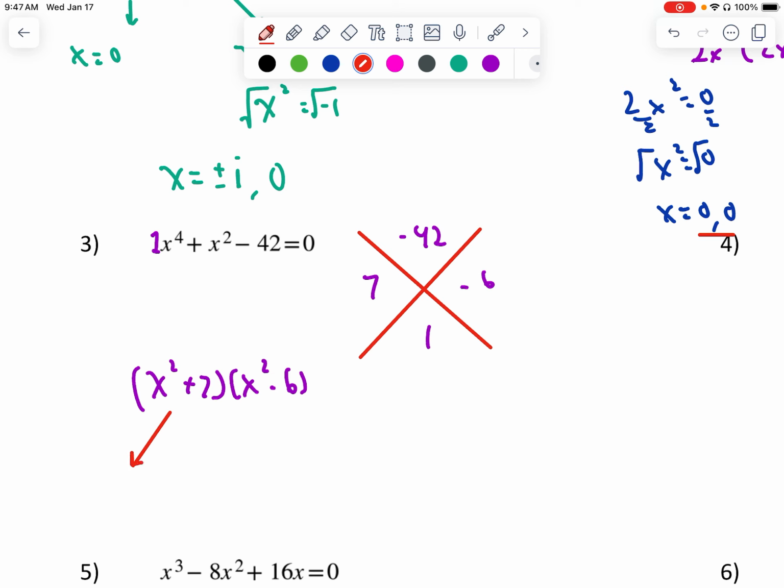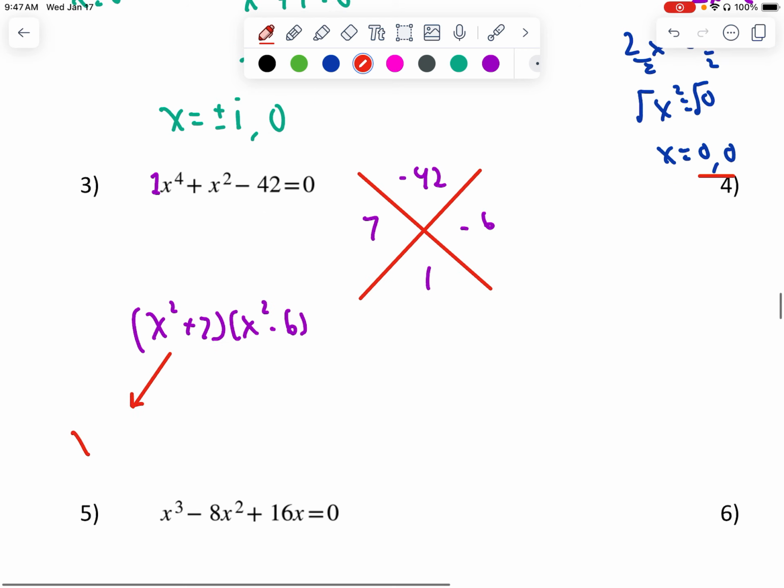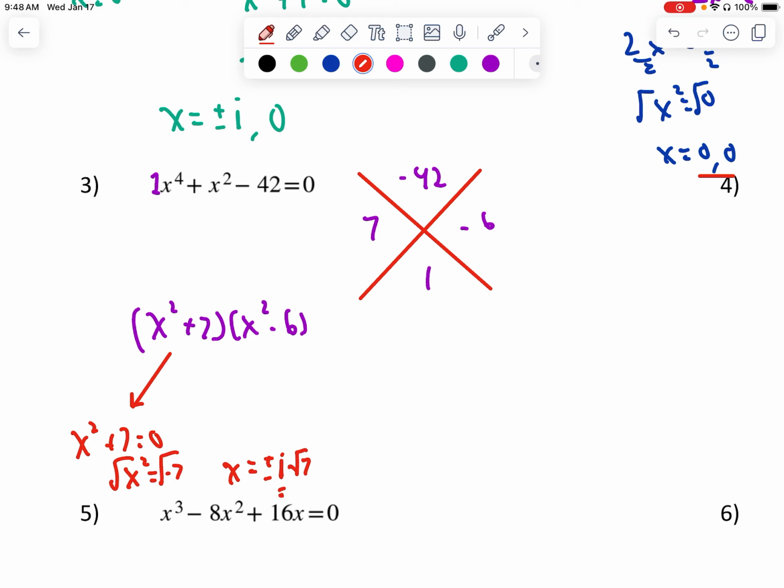Now let's set both of these terms equal to 0. So x squared plus 7 equals 0. I'm going to subtract 7 on both sides, get x squared equals negative 7. And then I'll take the square root of both of those to get x equals positive negative i root 7. Remember that i comes from taking the square root of a negative number.